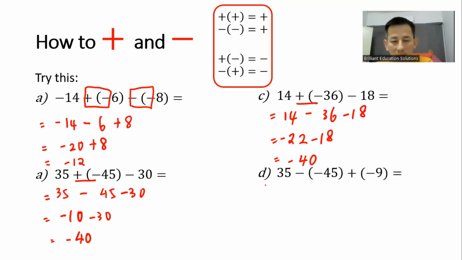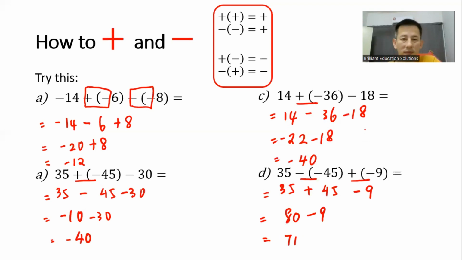Next, 35, minus minus plus 45, plus minus is minus 9. That will be 80 minus 9, which will give you 71.